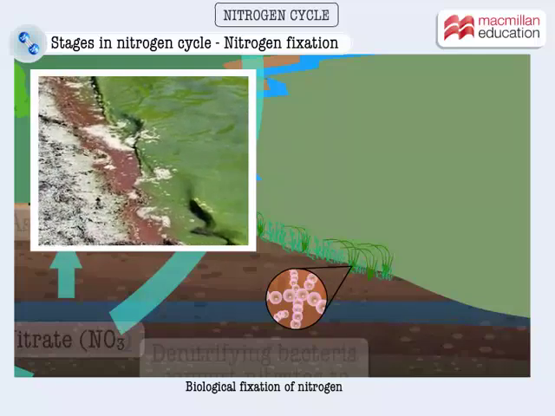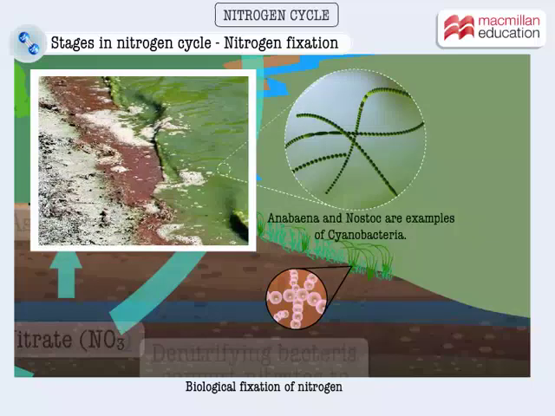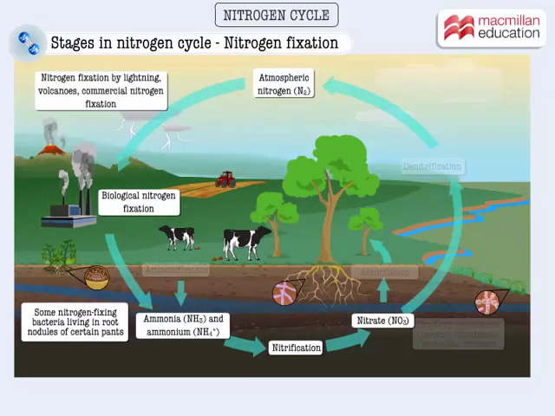They are present in soil and water. Anabaena and nostoc are examples of cyanobacteria. Thus, atmospheric nitrogen gets fixed or converted into ammonium and nitrate ions that are the usable forms of nitrogen.